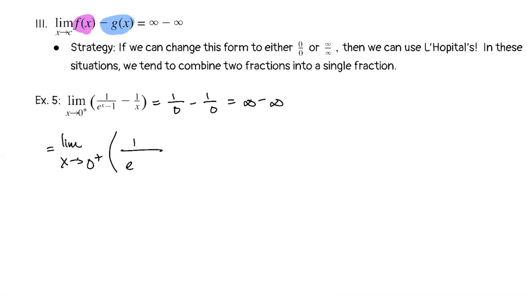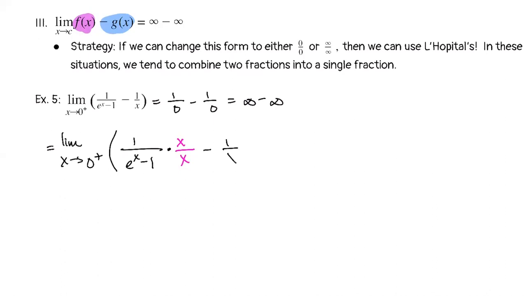With this first fraction, what do I want to multiply by to get a common denominator with the second fraction? X. Yeah, so we're going to multiply it by x over x. Minus the 1 over x, I'm going to multiply by e to the x minus 1 over e to the x minus 1.